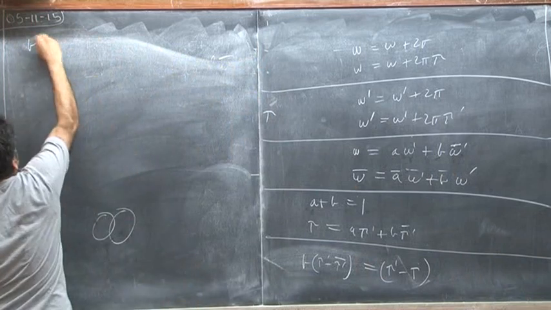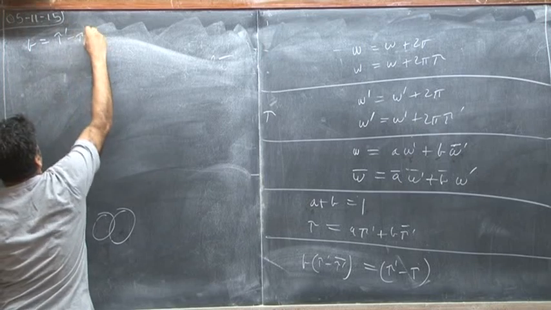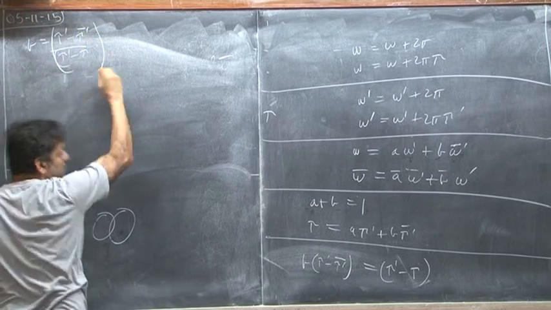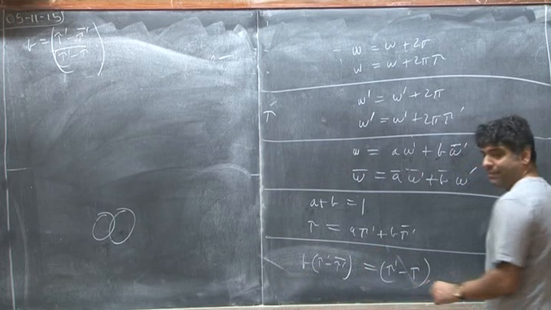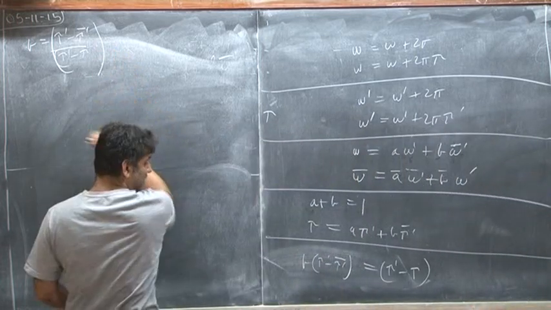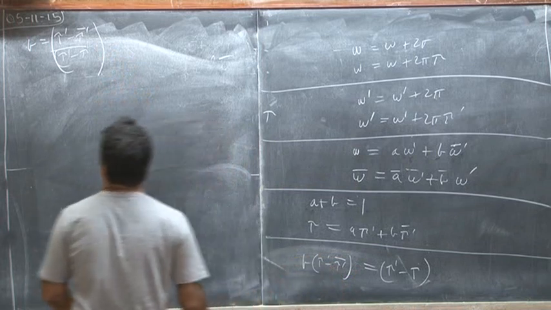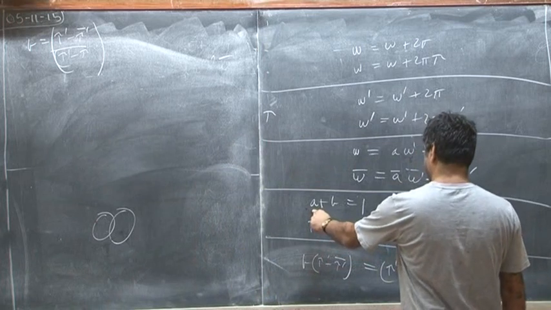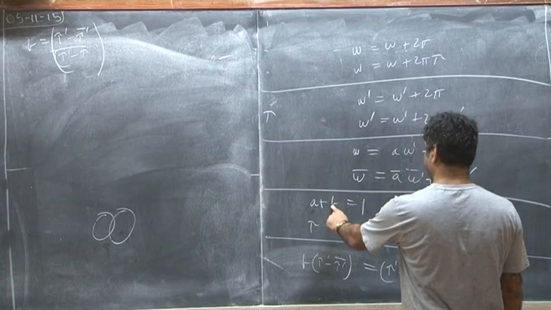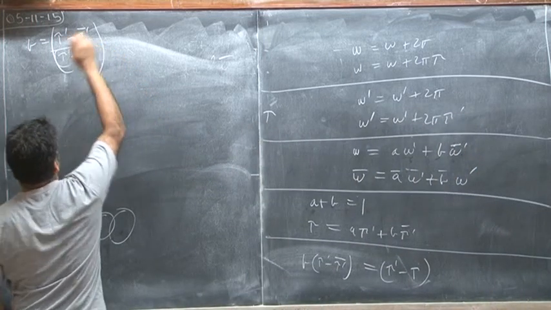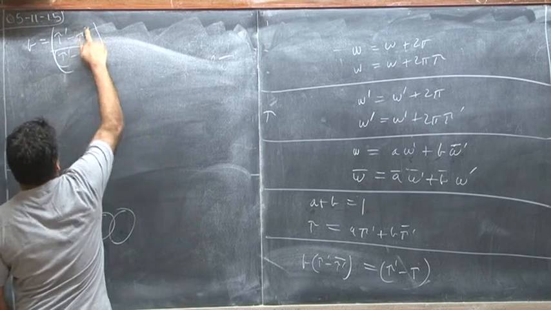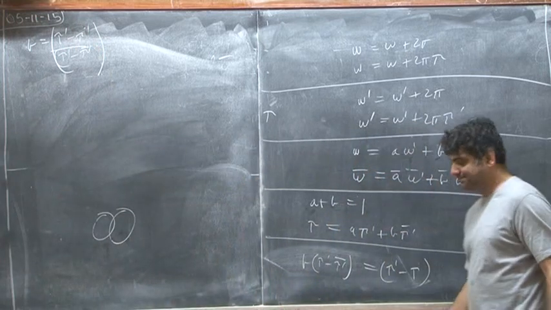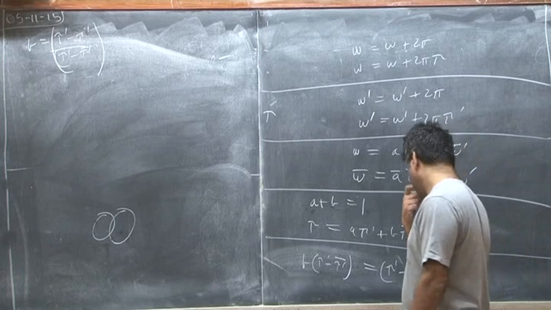And so we get b is equal to tau' minus tau over tau' minus tau' bar. Similarly, for a, I multiply the whole thing by tau' bar and then subtract.